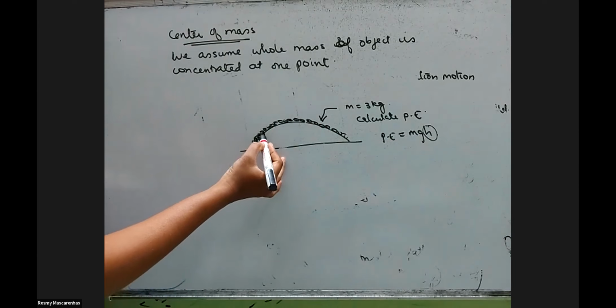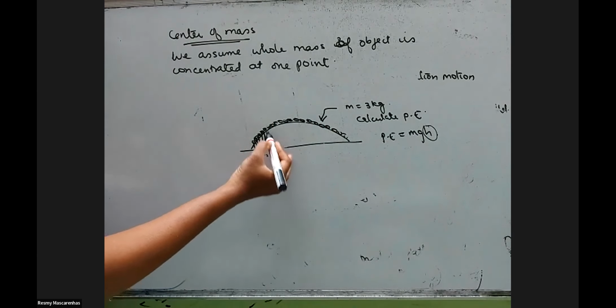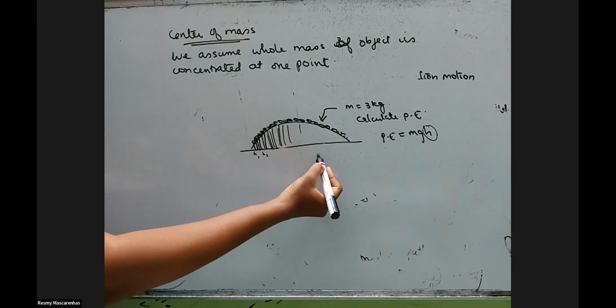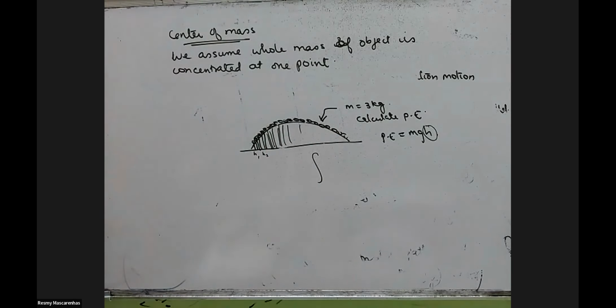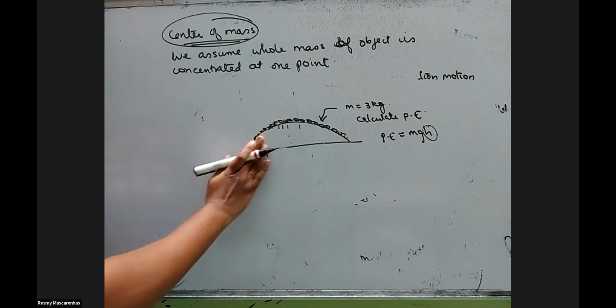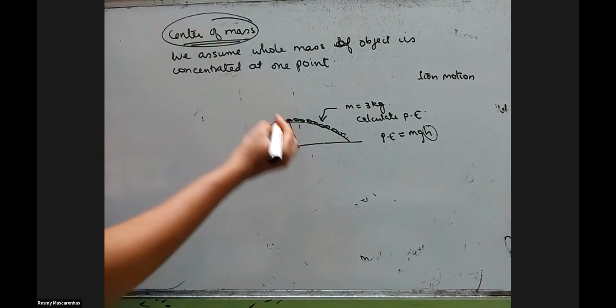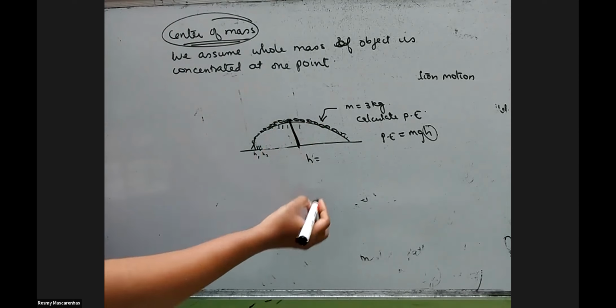Every single part of the chain has a different height, h1, h2, so you would have to take all the small pieces and integrate everything together. That is one option, but a complicated one. Rather than that, if you use the center of mass, we consider the common point, maybe somewhere here, and calculate that height.